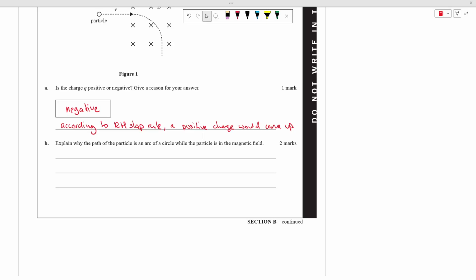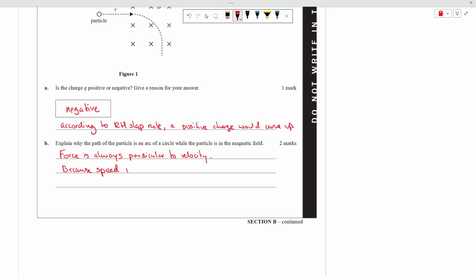Okay, so you can just mention something along the lines of: force is always perpendicular to velocity, and I guess you would also say because velocity is constant. I won't say velocity is constant because the velocity changes throughout the motion, but the magnitude is the same.